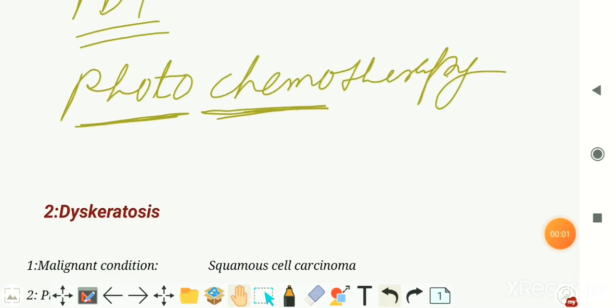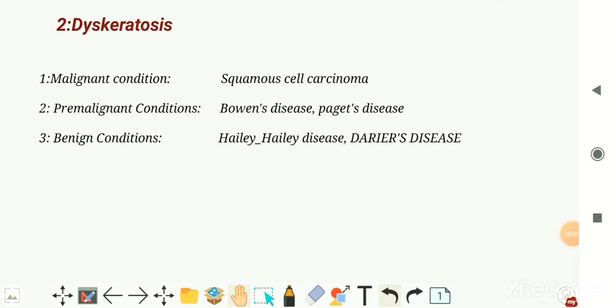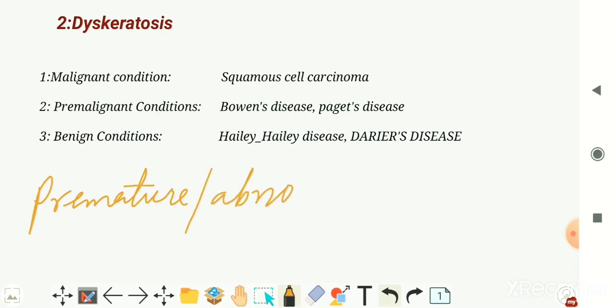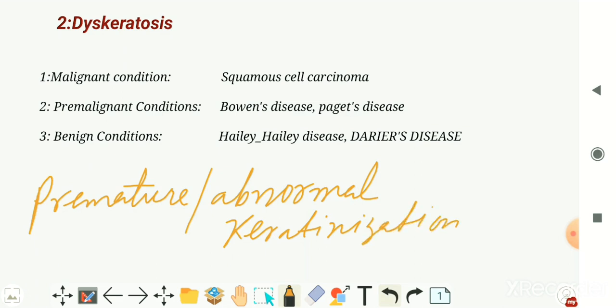Now let's move on to another histopathological finding, that is dyskeratosis. Dyskeratosis is a premature or abnormal keratinization. And this dyskeratosis is seen in malignant conditions, pre-malignant conditions, and benign conditions.